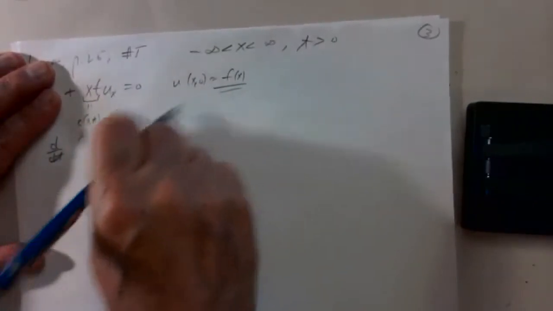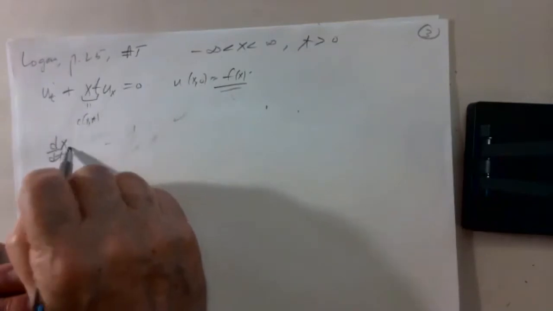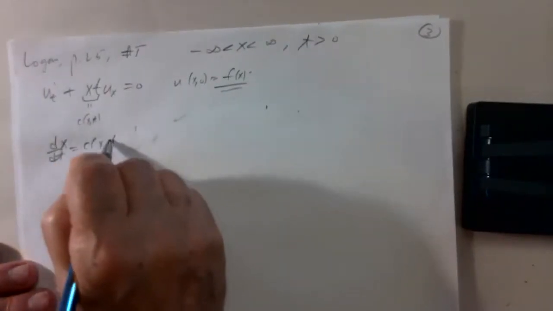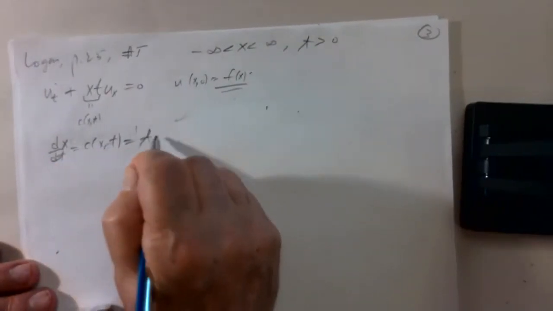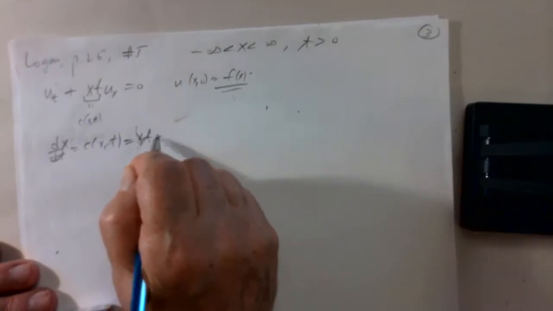What I want is dx/dt equals c of x, t. So set dx/dt equals c of x, t, which in this case is x times t.